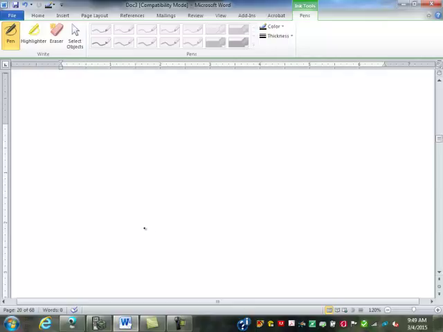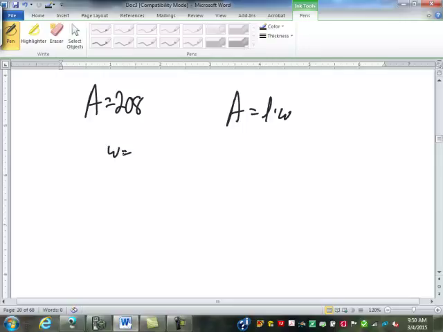Okay. Number 20. The area of a rectangle is 208 square inches. The formula for area is length times width. If the rectangle is 13 inches wide, in other words, W equals 13, this is 13 and this is the length. So we're going to put 208 in for the area.